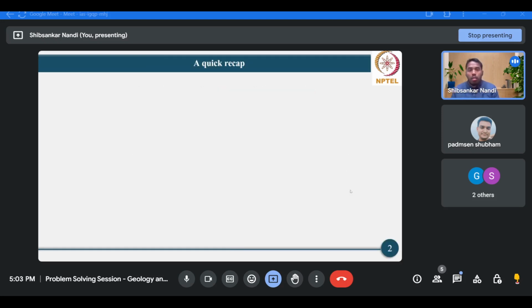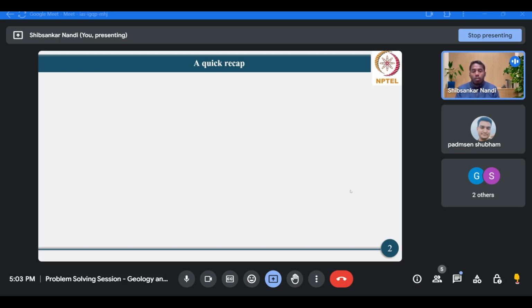I would like to share this information with you: the structure of this session will be that first we'll briefly discuss the key topics or important points which we'll be learning over a particular week. For example, right now we are at the end of week 1. So first we'll recapitulate the major key points which we have learned from week 1.